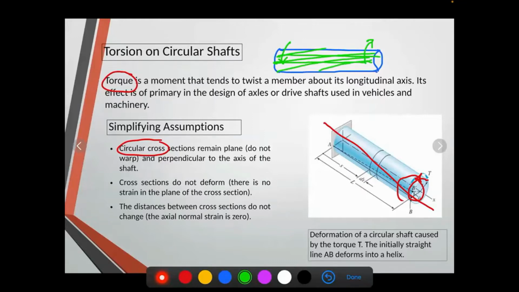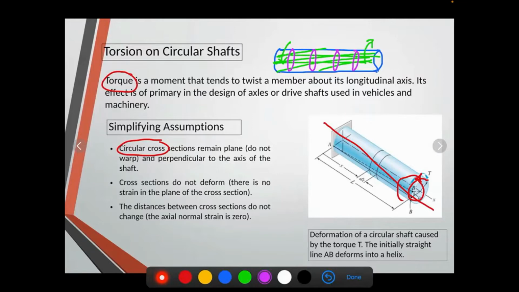It just so happens kasi that if the cross-section is circular, we can say that it is axis symmetric. Ibig sabihin, although the object will rotate, if you cut it about any portion, the cross-section will remain the same. So even though subjected to twisting yung object natin, if you cut it at about any point along its longitudinal axis, we will have the same area.